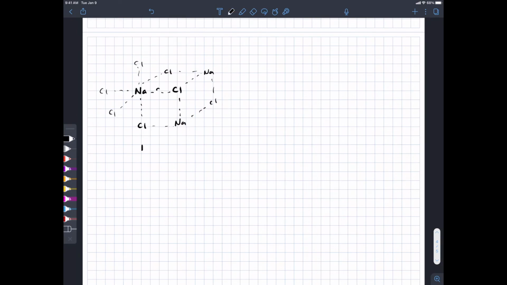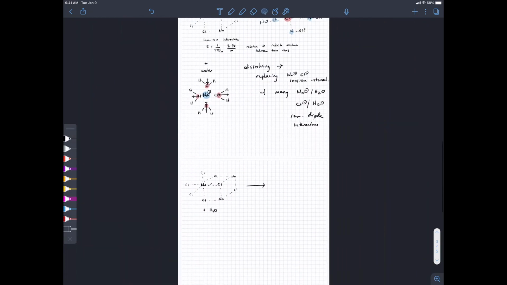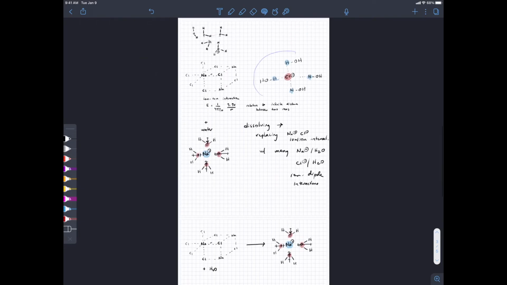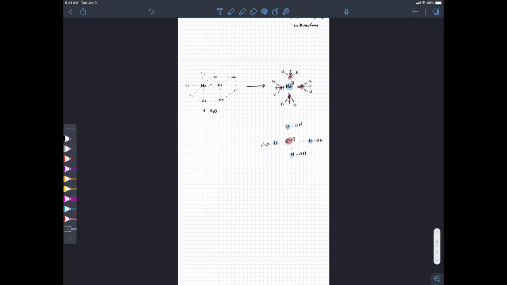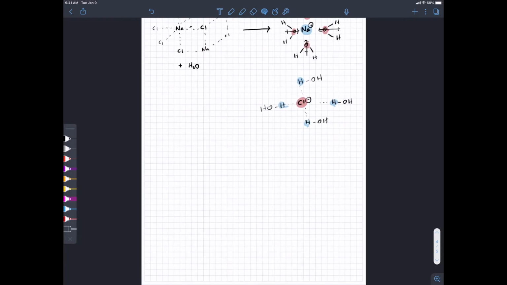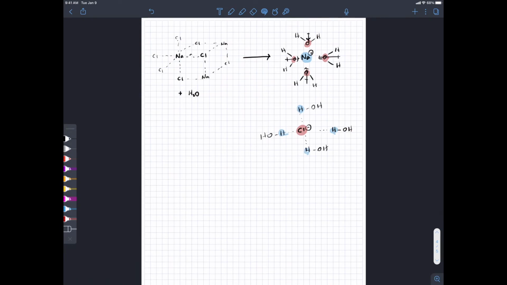We're taking crystalline sodium chloride and water, and dissolving them such that each sodium ion is separated from chlorine by some distance, and each sodium and chlorine ion is interacting with a shell of water molecules engaging in ion-dipole interactions.